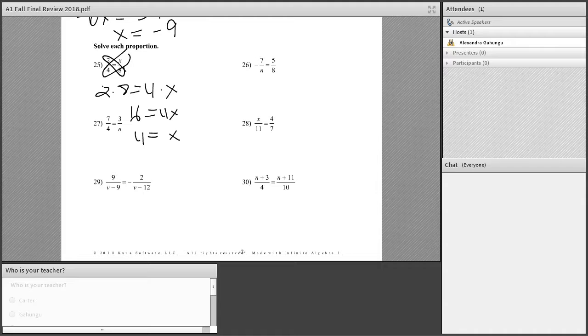With something like 30, you are still going to cross multiply because you have fractions, you have proportions here. So now it's going to be 10 times the quantity n plus 3, because that's all locked together, equals 4 times the quantity n plus 11. And we want to distribute.